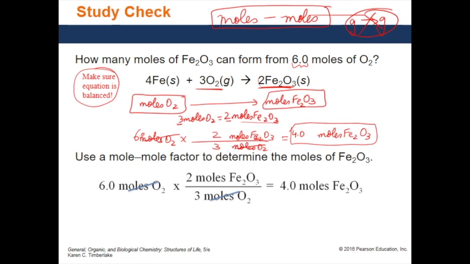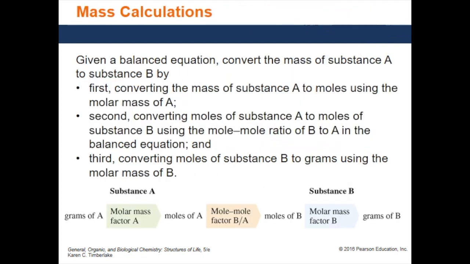That is incorrect. This relationship with respect to coefficients is only true if you are working with moles. So only 4 moles of iron will produce 2 moles of iron oxide. So this relationship only holds true when you're working with moles. You cannot do any other conversion. No other unit will work.